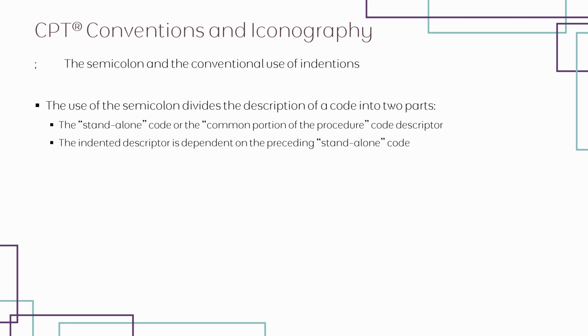This format allows CPT to efficiently list multiple variations of a single procedure without having to repeat the full description for each code. Understanding how to read codes that use semicolons and indentations is essential for correctly interpreting the complete procedure that is being described and selecting the most accurate code.